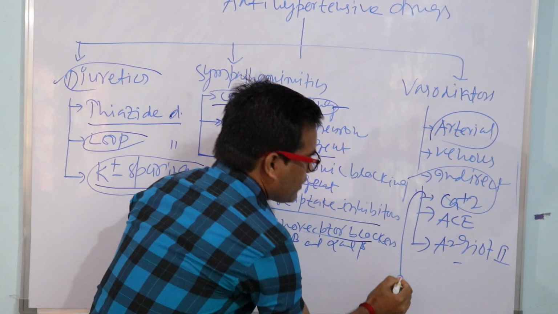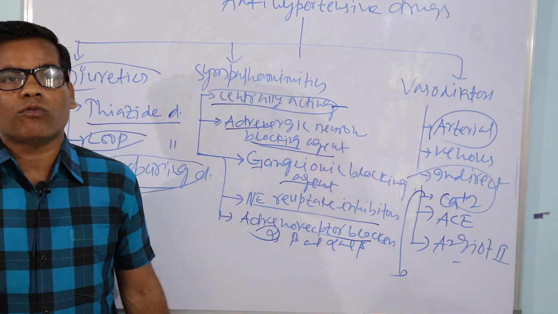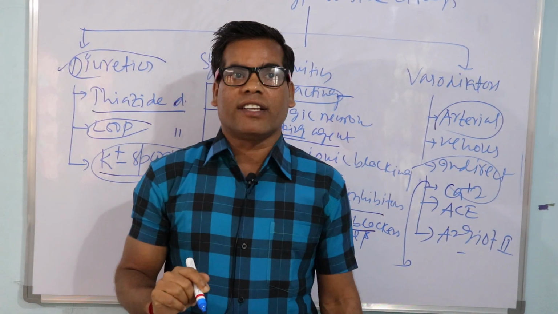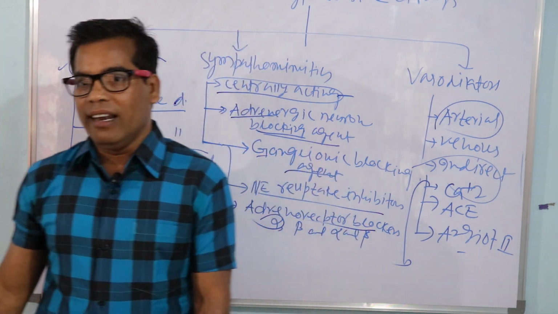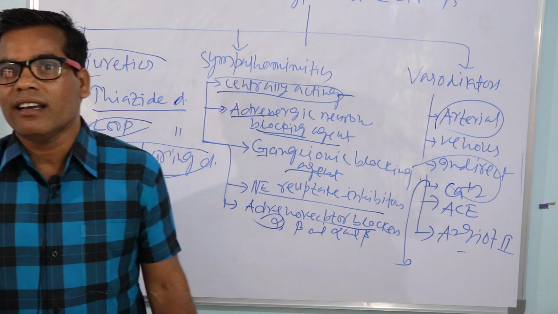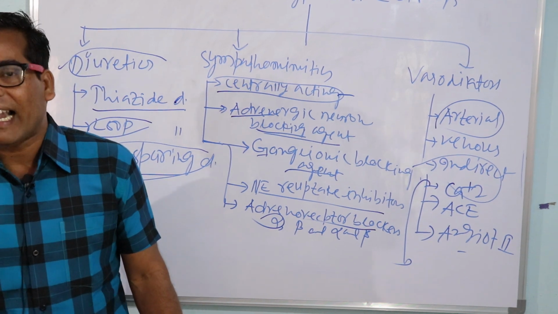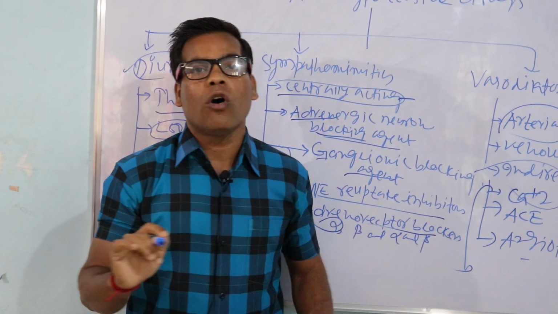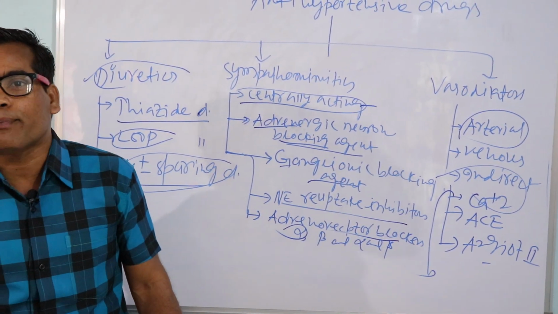The calcium channel blockers are classified into three groups. First group is phenylalkylamine derivatives. Examples: verapamil, gallopamil, tiapamil. These are three major phenylalkylamine derivatives. Second group, benzothiazepine derivatives.